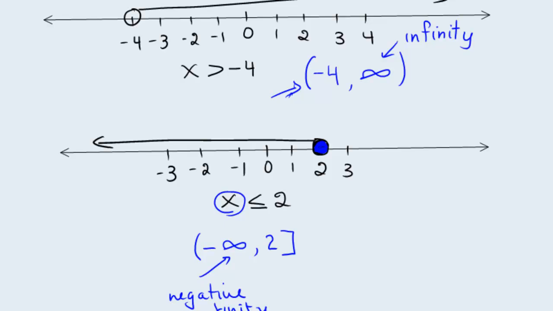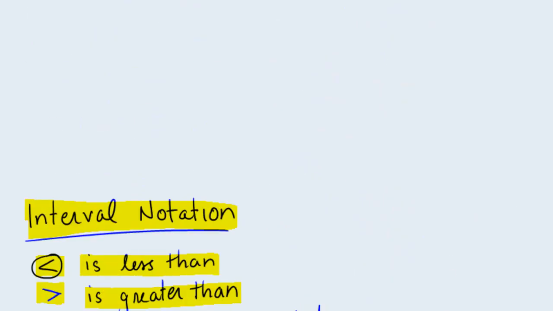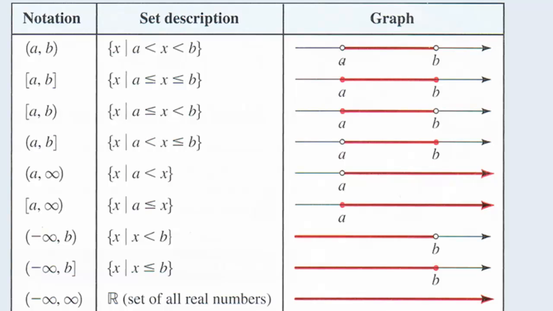Now let's summarize all this. When I'm talking about numbers in between two other numbers and not including the numbers themselves, I'm talking about all the real numbers greater than some a and less than b, meaning this could be 1, this could be 5. All the numbers greater than 1 but less than 5, not including the 1 and 5.